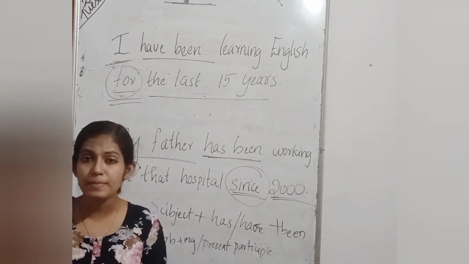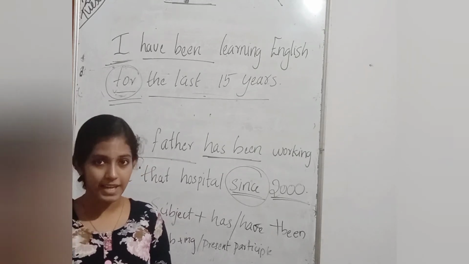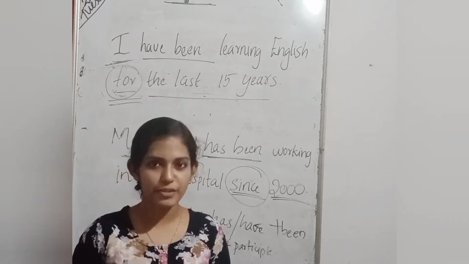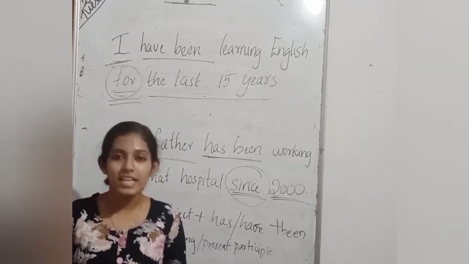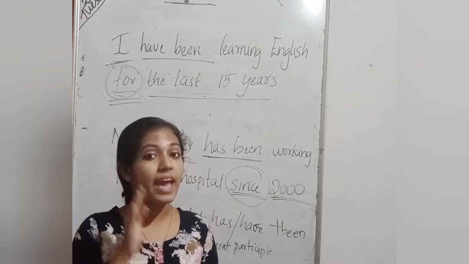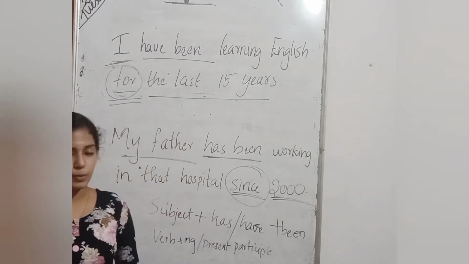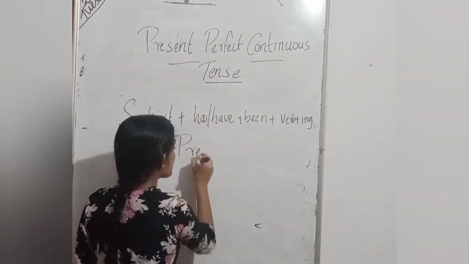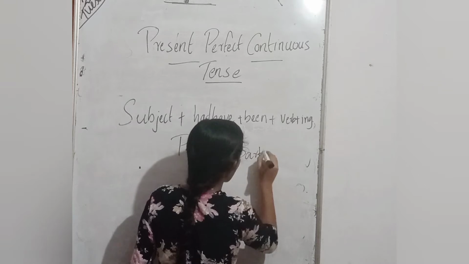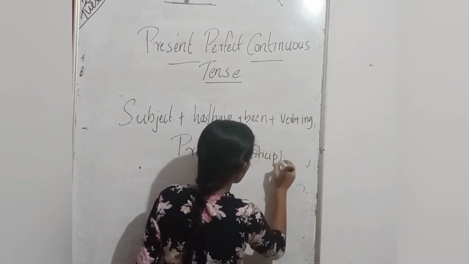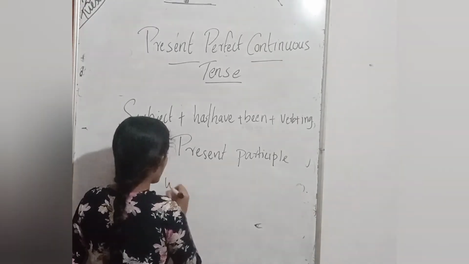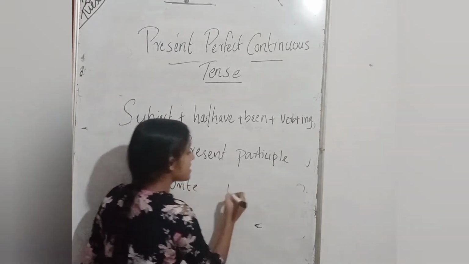What is past participle? V3 form of the verb, and present participle is the ing form of the verb. What is present participle? Present participle is the ing form of the verb. Right? Write, writing.